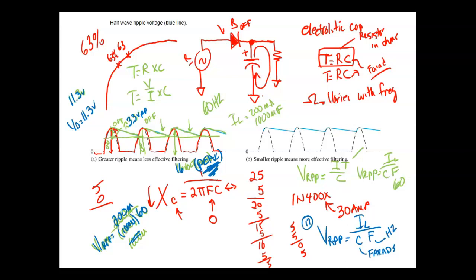And what has happened, guys, is that the formulas that we use for unfiltered are out the window. We're not using those anymore because these guys never go to zero. Never ever go to zero. So now we've got DC. This is DC. This is not pulsating DC. This is unregulated DC. And what do we mean by unregulated?